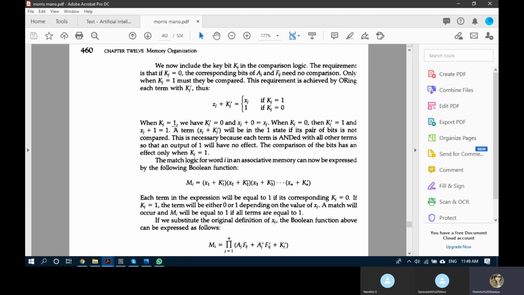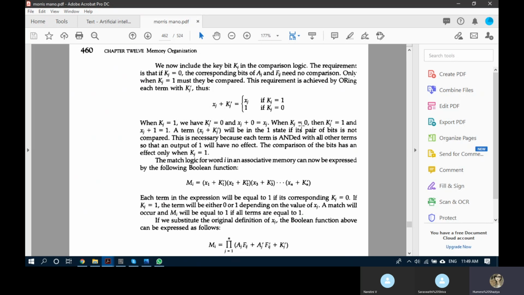When kj is equal to 1, we have kj dash equal to 0 and xj plus 0 is equal to xj. If you put 0 in this position, from the rules we know that x plus 0 is x.